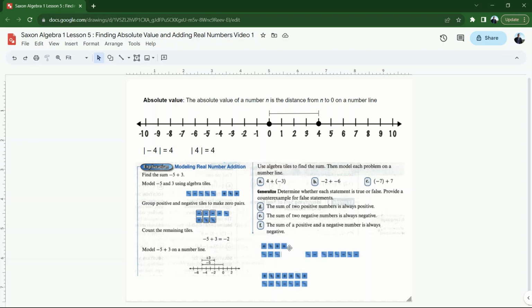Here I have a positive number being added to a negative number, and I have more positive tiles left over, so that's going to be a positive result. Sometimes the sum of a positive and negative will be negative. If I have more negative tiles than positive tiles, as we did over here, this would result in a negative result, okay? The next lesson is going to show you a shortcut that you can use to add positive and negative integers together.